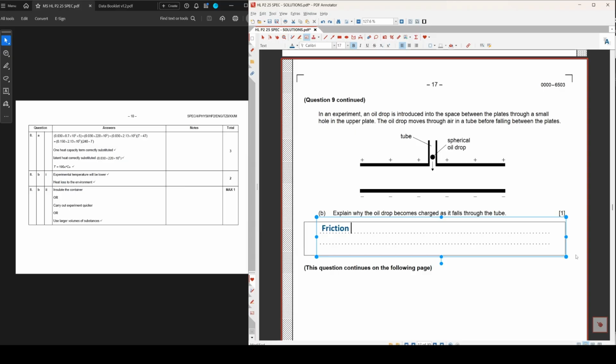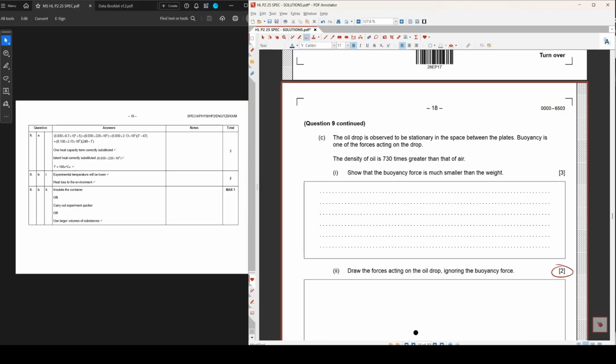That's how it works. So it's just friction, perhaps between the drop and the tube, or air, that can transfer charge to or from the oil drop. Friction, I'm thinking, is probably going to be the key word there.